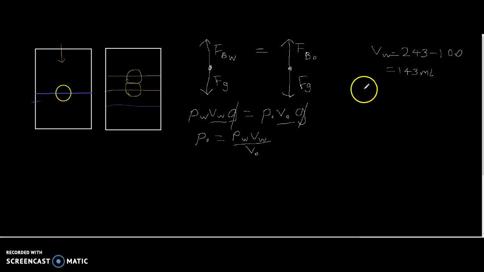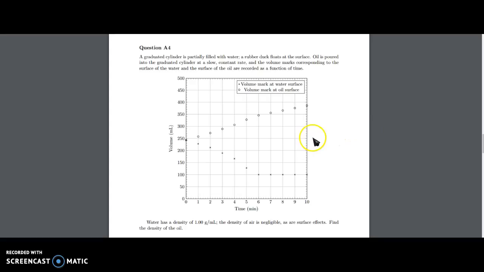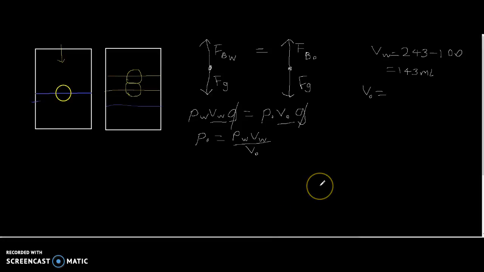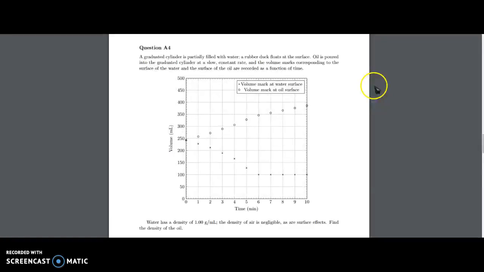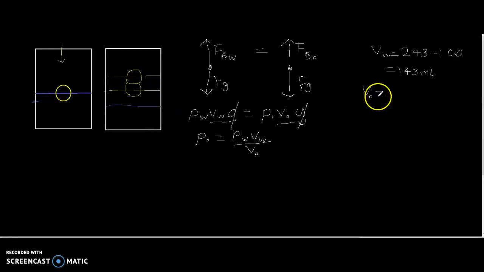The tricky part in this problem is the volume of the oil displaced. Remember that the volume of the oil displaced is not necessarily this gap between the levels of the water and the oil. You have to keep in mind what the displaced volume is.